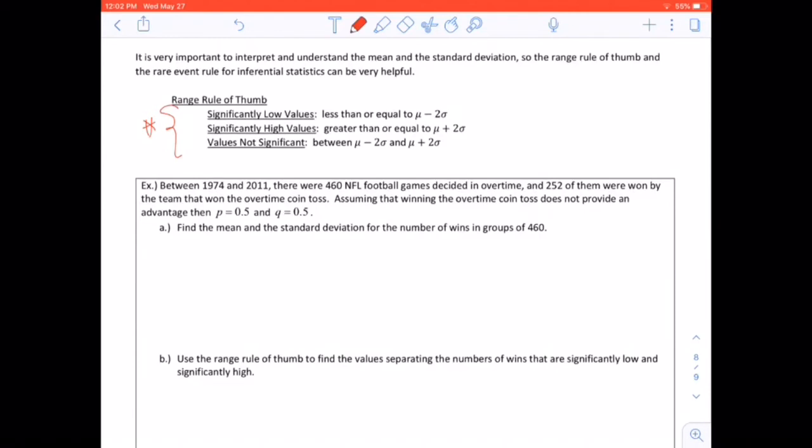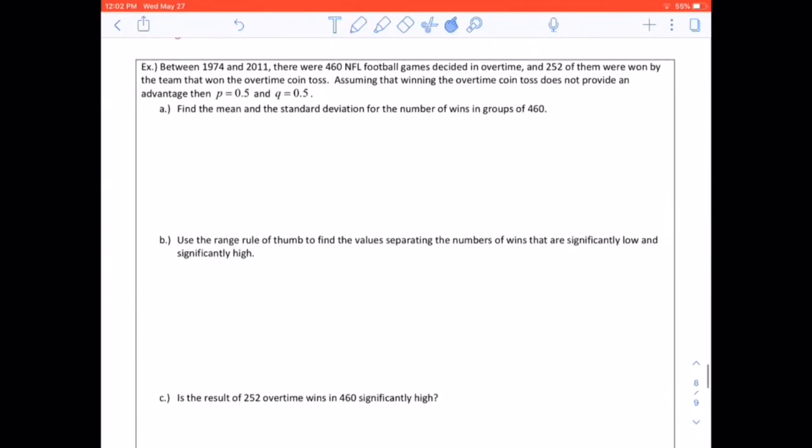And so the next example on here says between 1974 and 2011, there are 460 NFL football games decided in overtime, and 252 of them were won by the team that won the overtime coin toss.